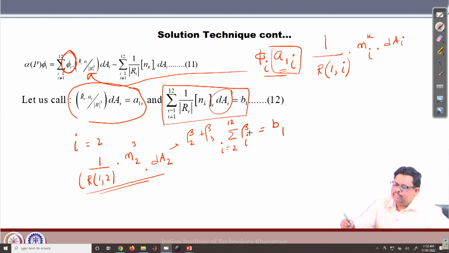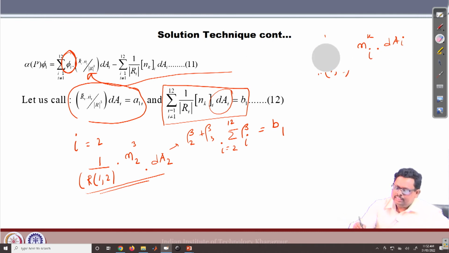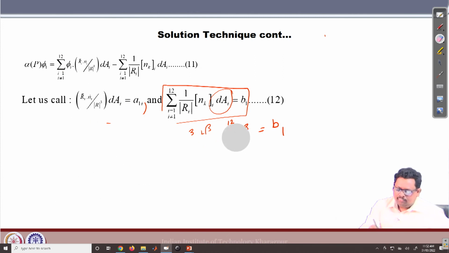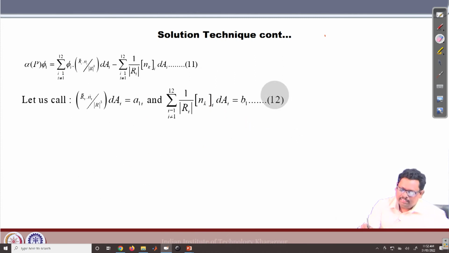Now, I hope after explaining this, this equation 12 is very much clear to you. The only thing I think I missed when I discussed the coefficient is that we need to multiply it by the panel area also, right. Okay. So, now I understand what all these things are.